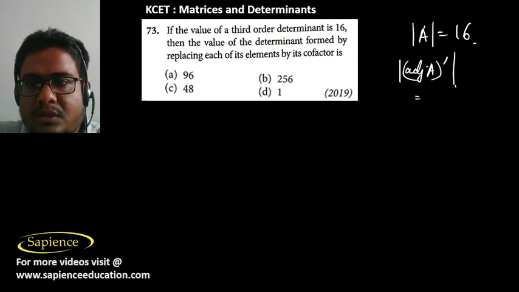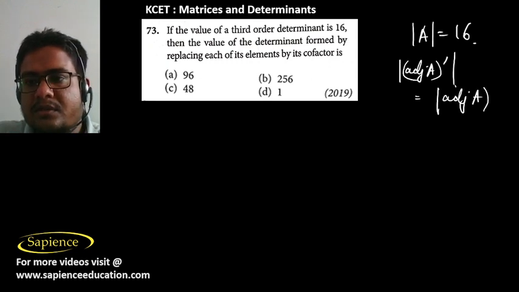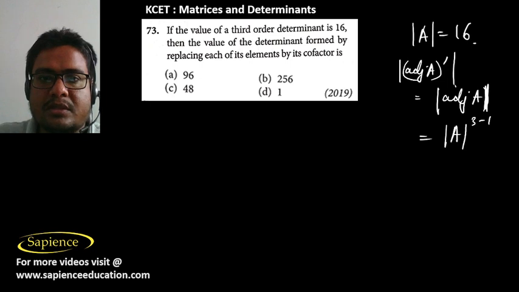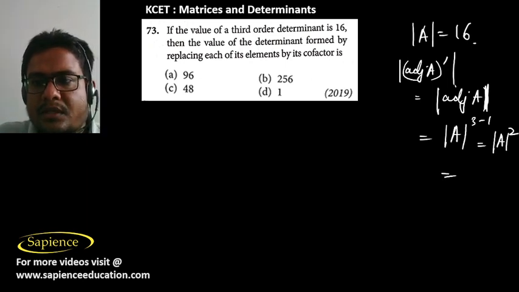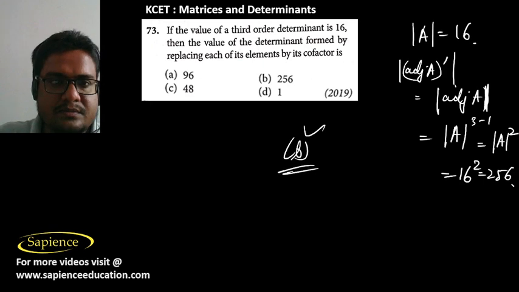So the determinant of the transpose of adjoint is equal to the determinant of adjoint A, which is equal to determinant of A whole power 3 minus 1, since the order of matrix A is 3. That is determinant of A whole square, that is 16 square, which is 256. Option B is the correct answer.